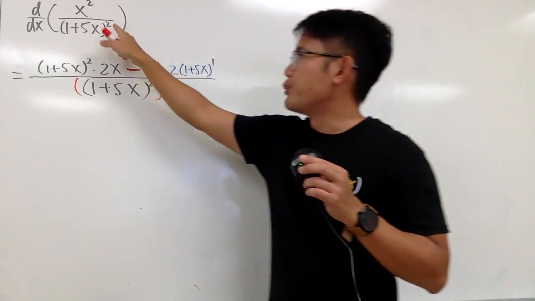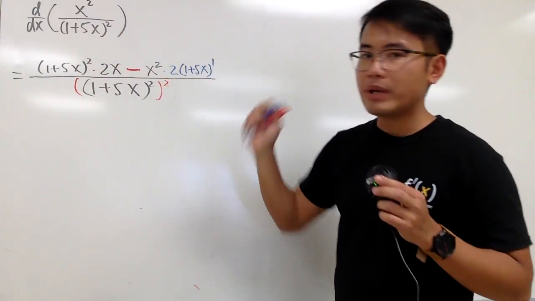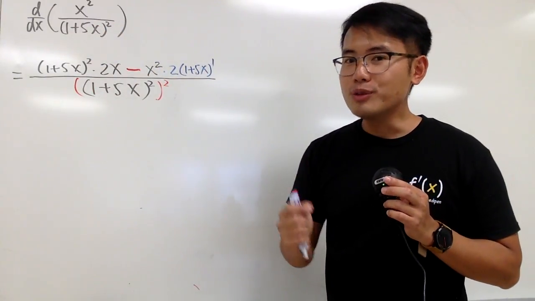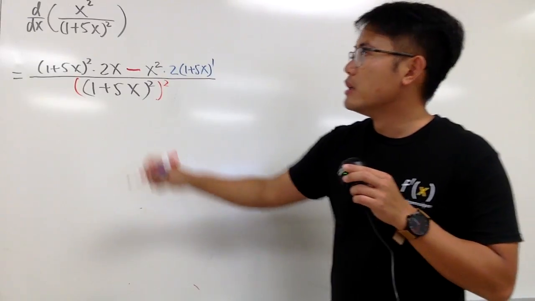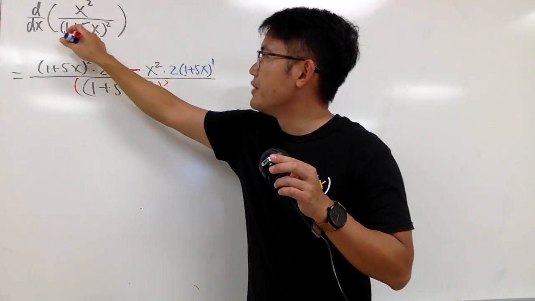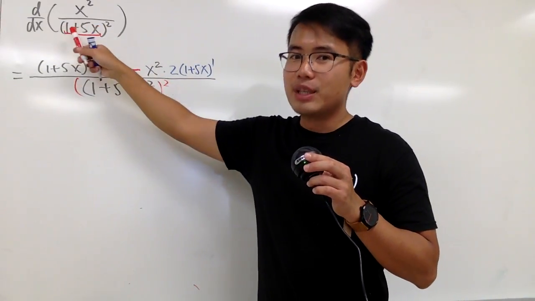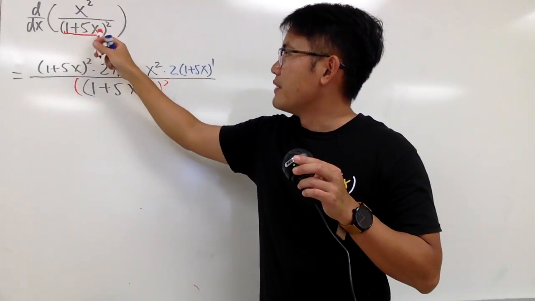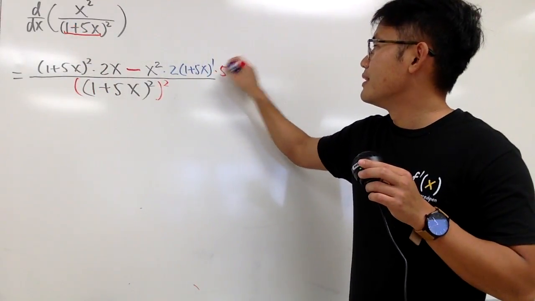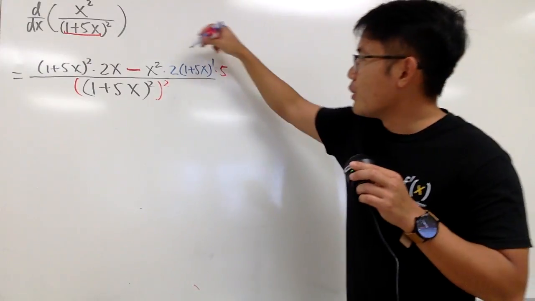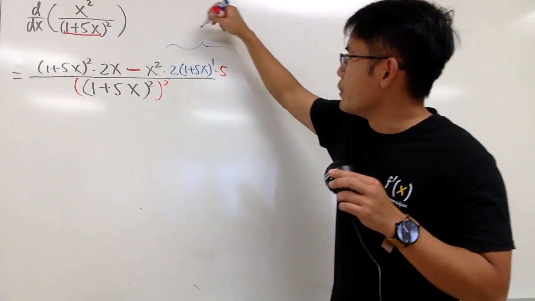Right, so you just bring the power to the front, minus 1, that's what we have. However, we also have to remember the chain rule. Chain rule says we have to multiply by the derivative of the inside. Derivative of 1 plus 5x, it's just a 5. So we multiply by 5. So let me just write this down for you guys.